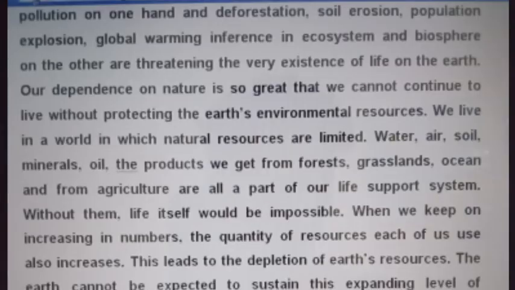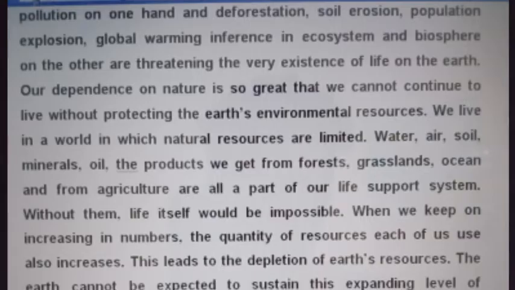We live in a world in which natural resources are limited. Water, air, soil, minerals, oil, the products we get from forests, grasslands, ocean, and from agriculture are all a part of our life support system. Without them, life itself would be impossible. When we keep on increasing in numbers, the quantity of resources each of us use also increases.